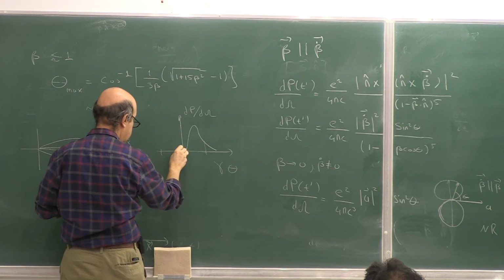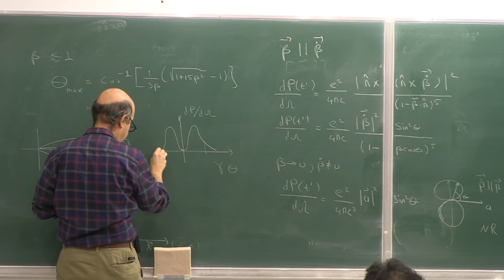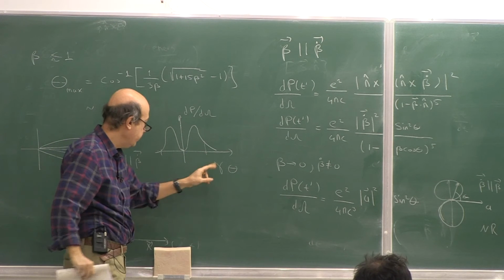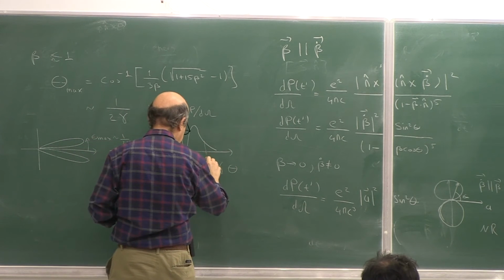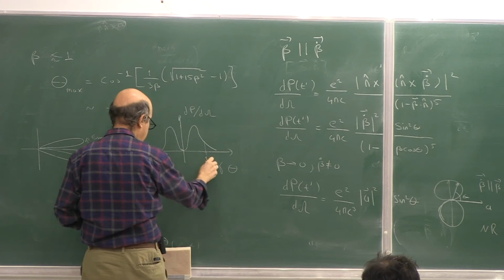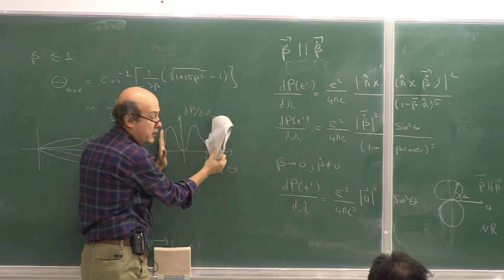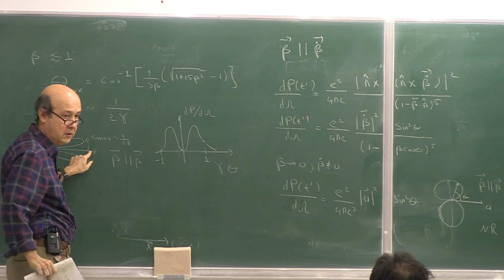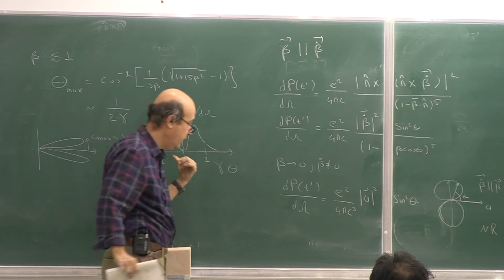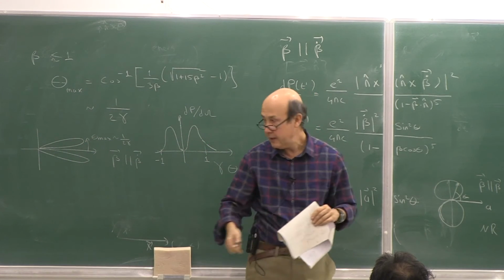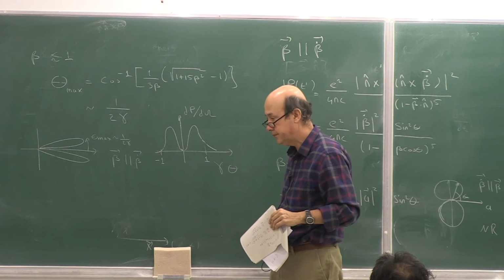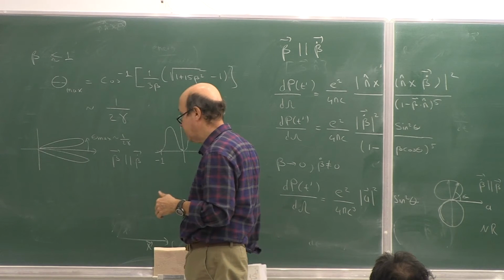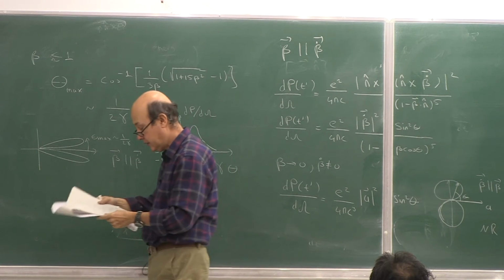It is symmetric, so it is something like this. The power emitted per solid angle is squeezed into the region gamma theta equal to 1 and minus 1. So all the radiation is squeezed here, at very small angle, but just ahead it is 0. So one thing to keep in mind is the radiation pattern of the relativistically accelerated charge for linear acceleration.